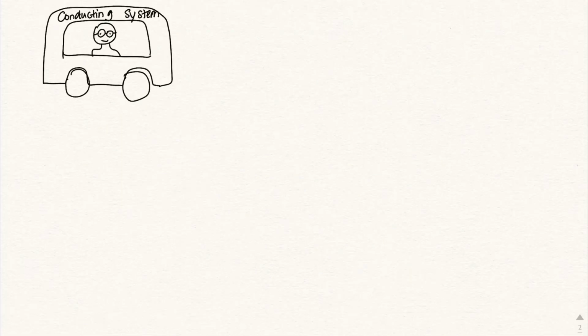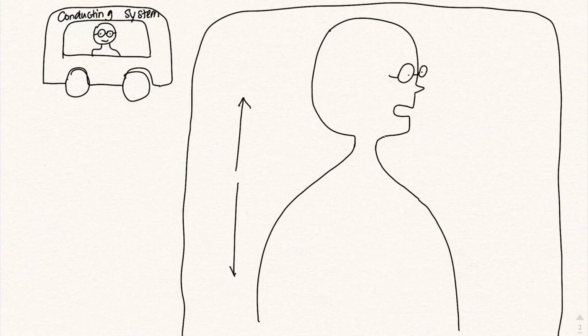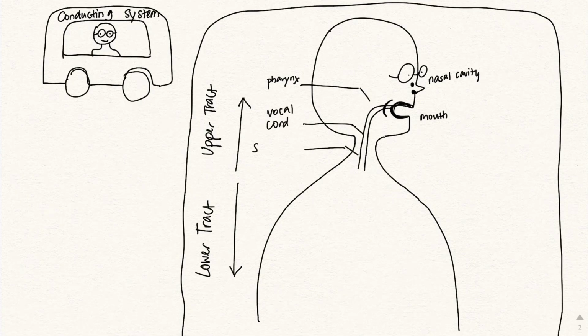Now let's look closer into the conducting systems. In the conducting systems, there are two tracts, the upper tract and the lower tract. The upper respiratory tract consists of the mouth, nasal cavity, pharynx, vocal cords, esophagus, and larynx.